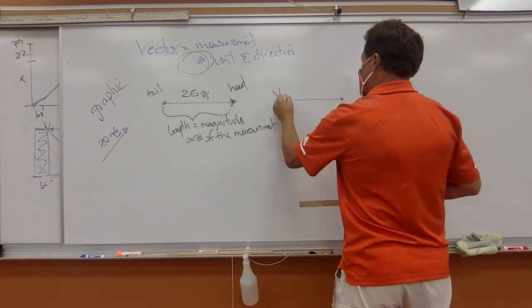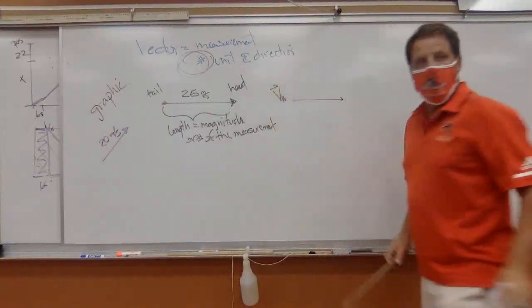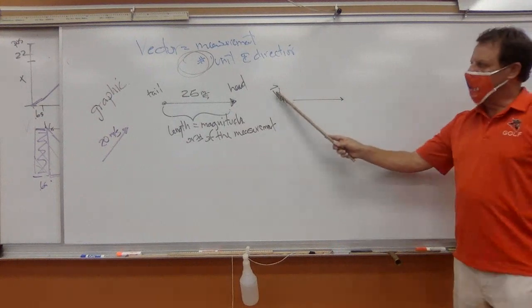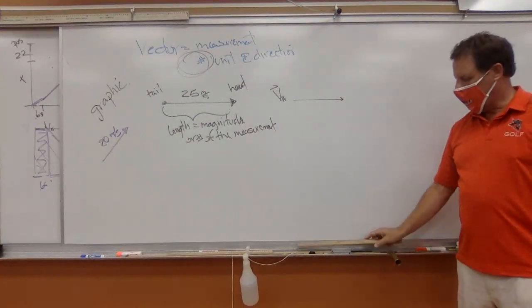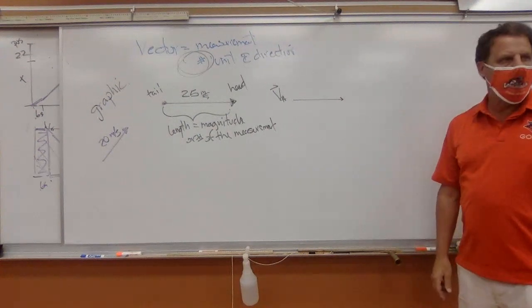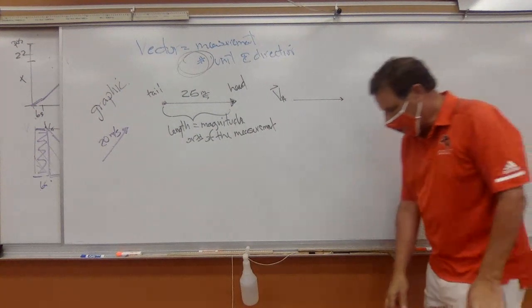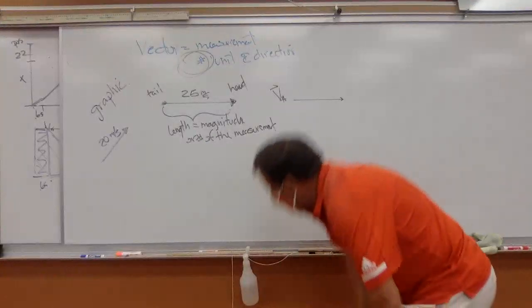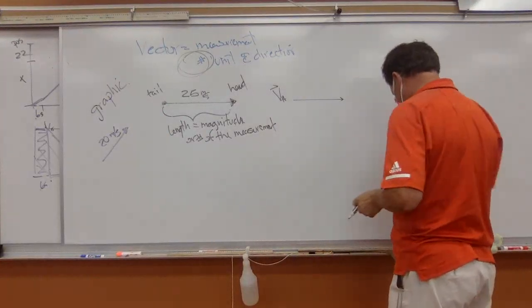We'll call that vector A. You guys see that little arrow over the V there for vector A? That is indicating that it is a vector. Now, it's pretty obvious there.